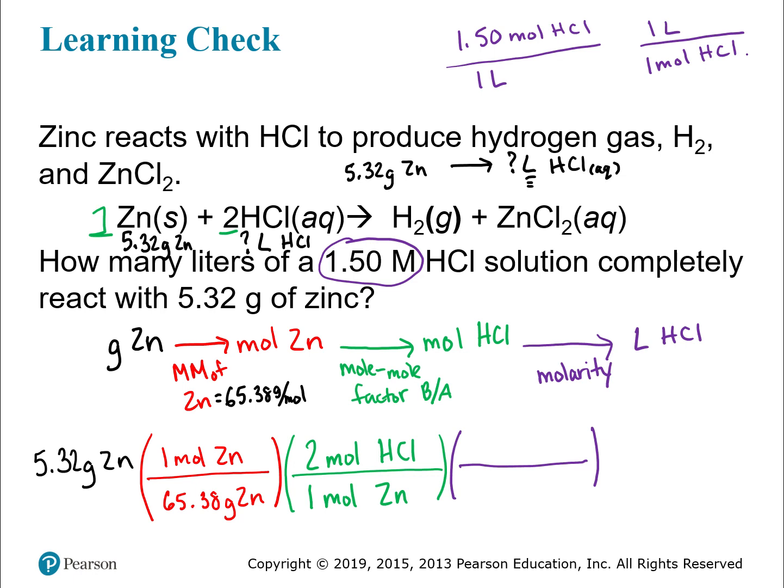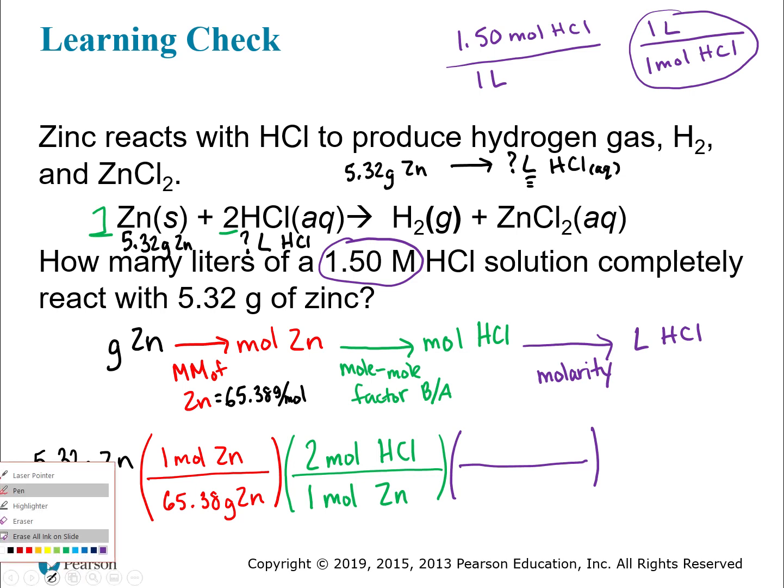The one that's going to help us is the one with moles on the bottom. And I wrote 1 instead of 1.5. My bad, y'all. There, that's better.